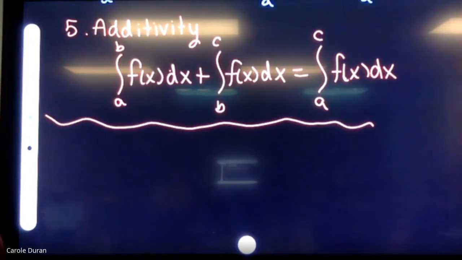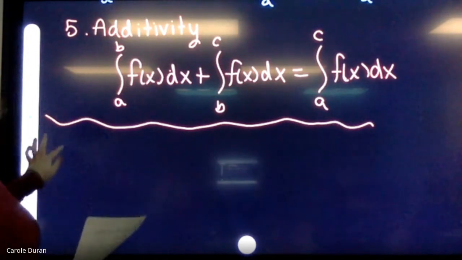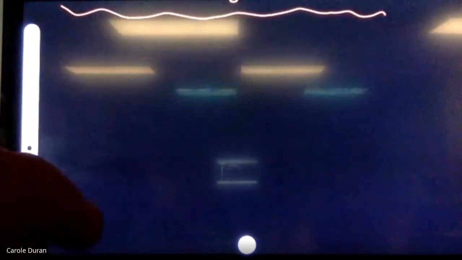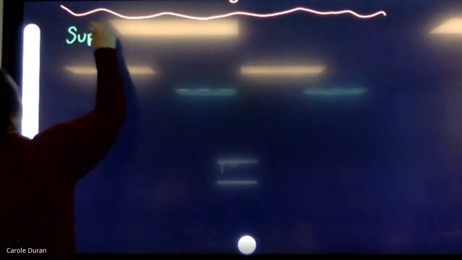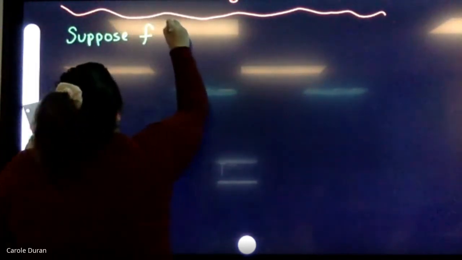Are we ready for some examples? Yeah. So for these next few examples, specifically the next 6, we're going to make a few assumptions. The first one is supposing that f and g are continuous functions.